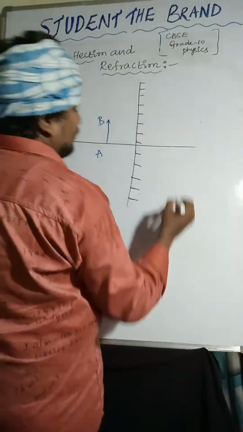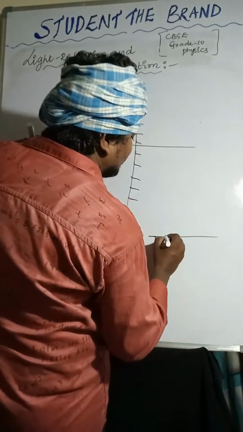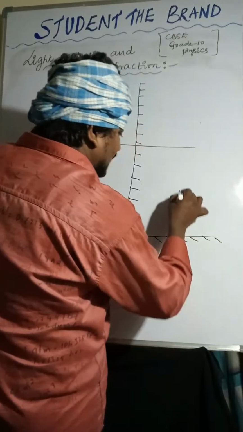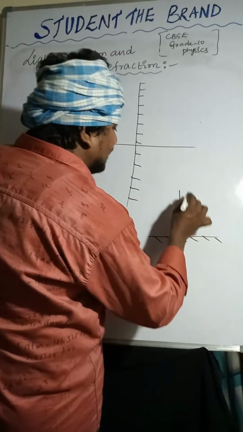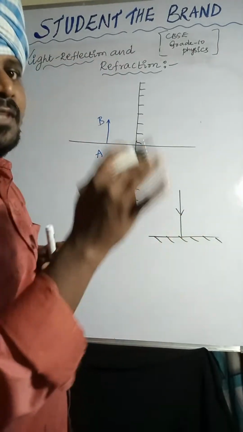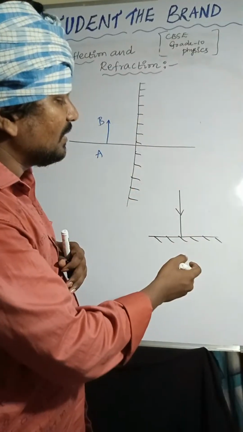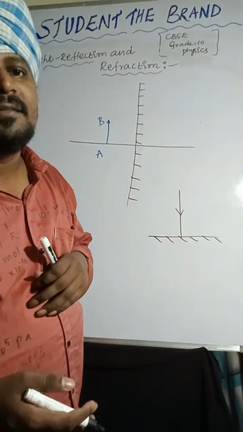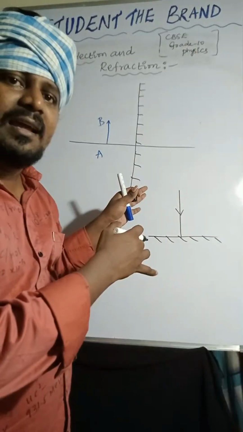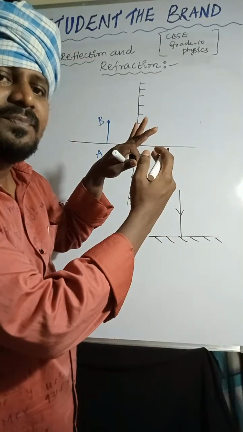So here, when the light ray is passing along the normal line, what happens? If the light ray is incident along the normal line, the reflected ray moves in the same direction.